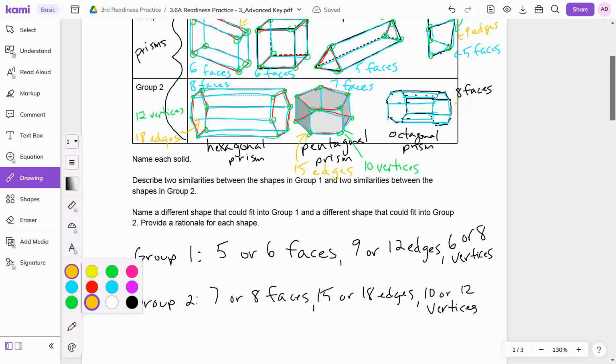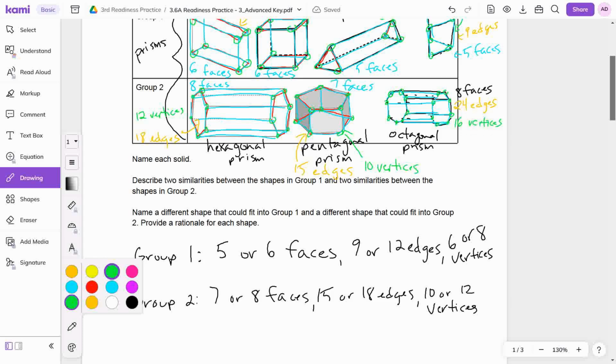So that's going to be 24 edges. That's the pattern. And then vertices might be a little bit easier. 1, 2, 3, 4, 5, 6, 7, 8. Then on the back side, 1, 2, 3, 4, 5, 6, 7, 8. So I've got 8 and 8, so that's going to be 16 vertices.